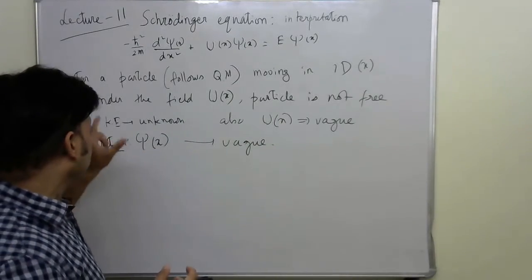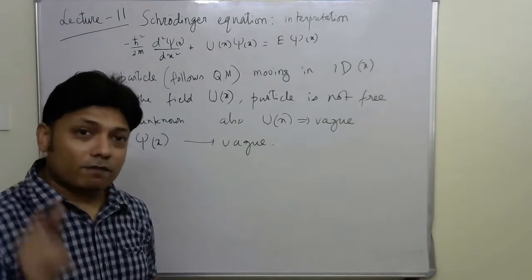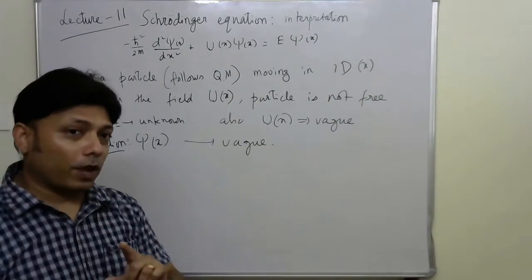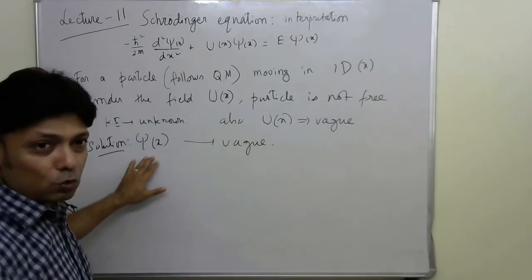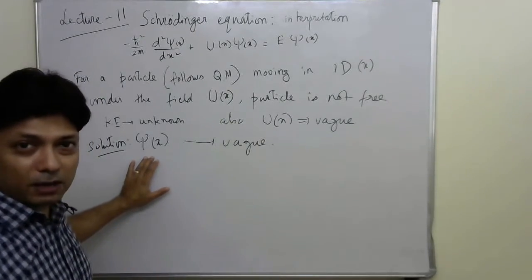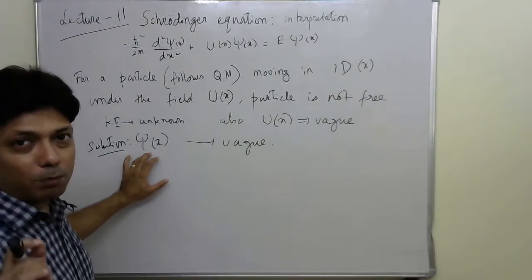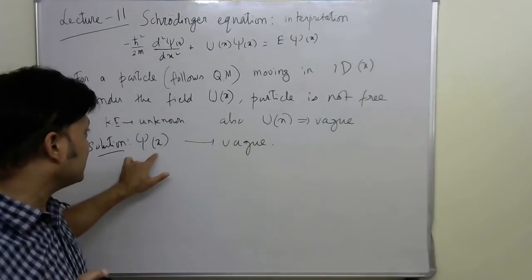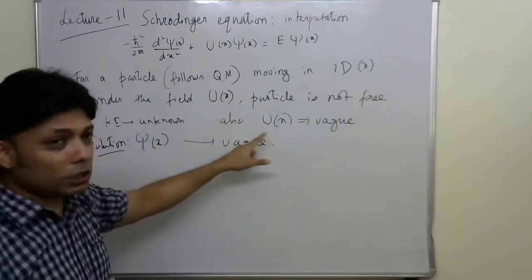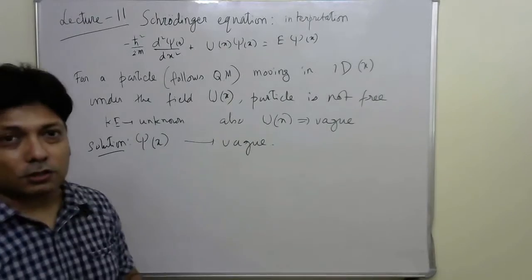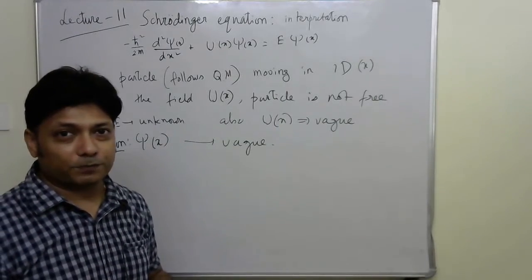Since the particle is representing a wave as well, the amplitude function of that wave is represented by psi(x), which is independent of time and only dependent on the position of the particle. So depending on x, its potential energy would vary as well as its amplitude function would vary.